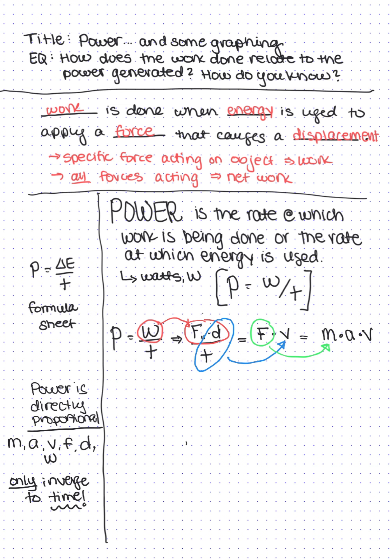All right, so in a quick example, if a force does 4 times the work in half the time, how much more power would it generate?